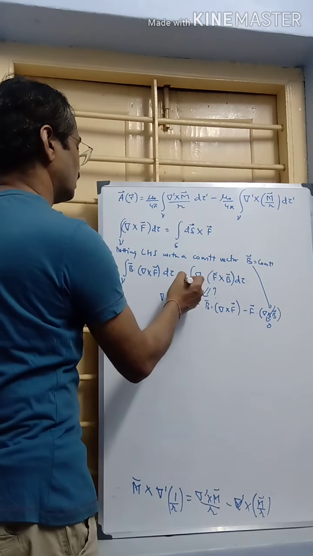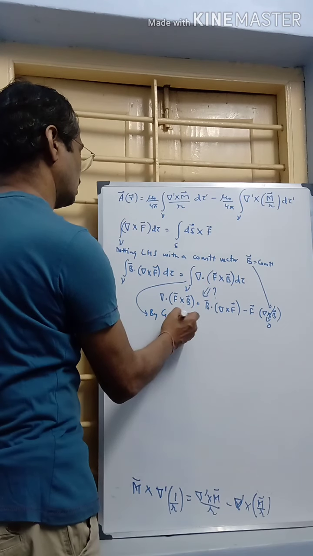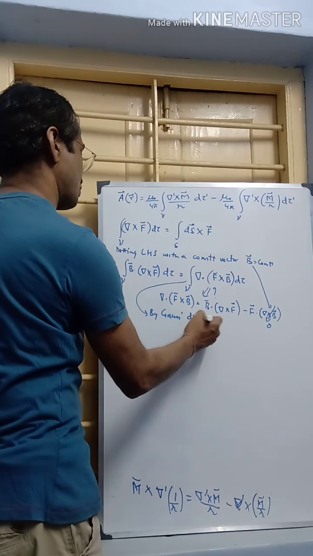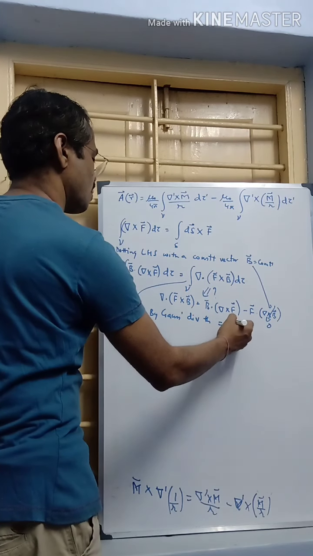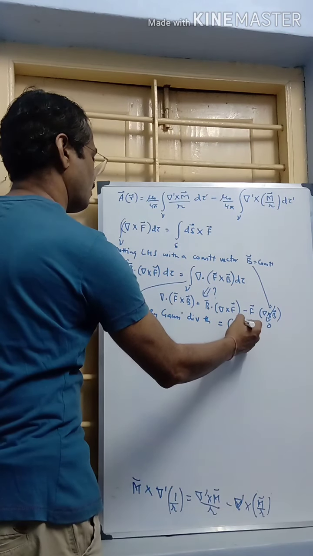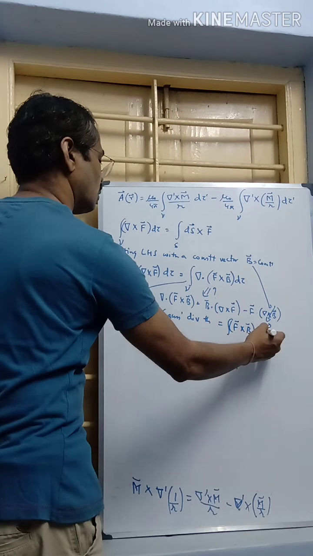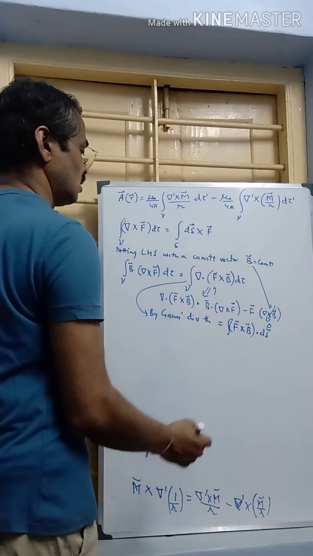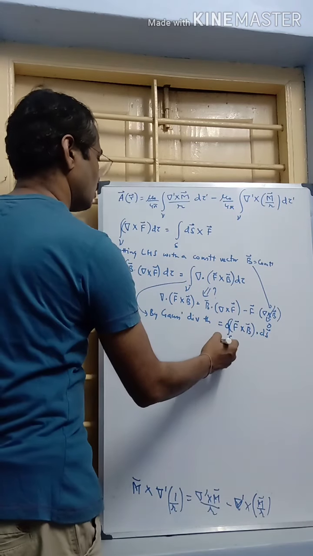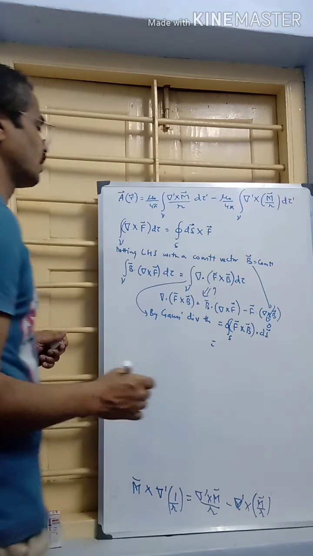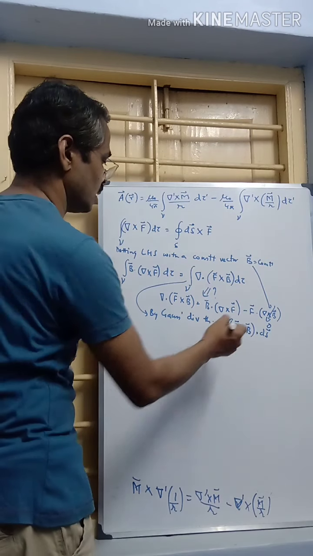By Gauss's divergence theorem, one can write this to be equal to the surface integral of f cross b dot ds, over the closed surface which encloses the volume v.